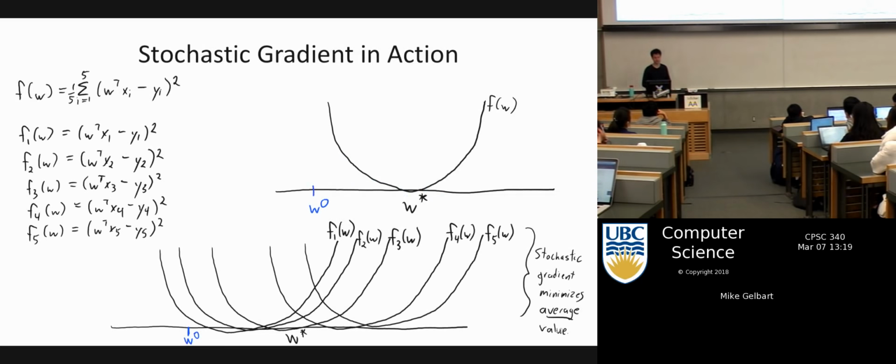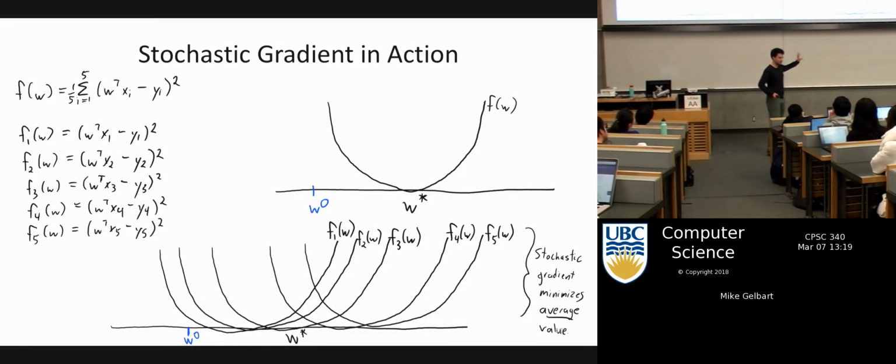So here's what's happening with stochastic gradient. Each example has its own loss function. Each example has its own agenda, if you will, right? And that's what's being shown at the bottom. And the overall loss is the average of all of those losses. And again, there's 2 ways you can think of this, and I'm fine either way. You can think of it as I'm picking a random loss, or I'm picking a random gradient.